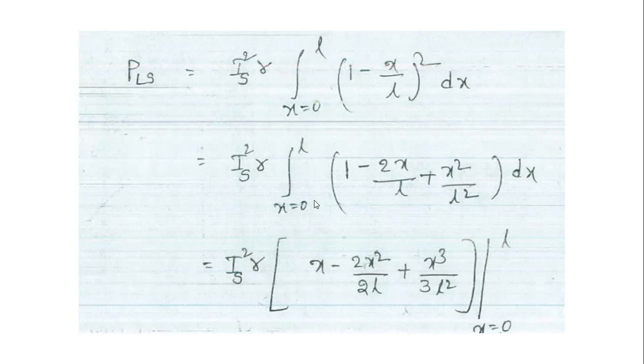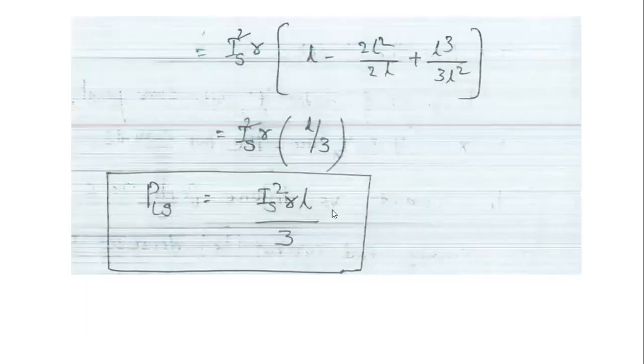Next, substitute the limits, that is 0 to L. Then we obtain Is square R into L minus 2L square by 2L plus L cube by 3L square, that is equal to Is square R into L by 3.